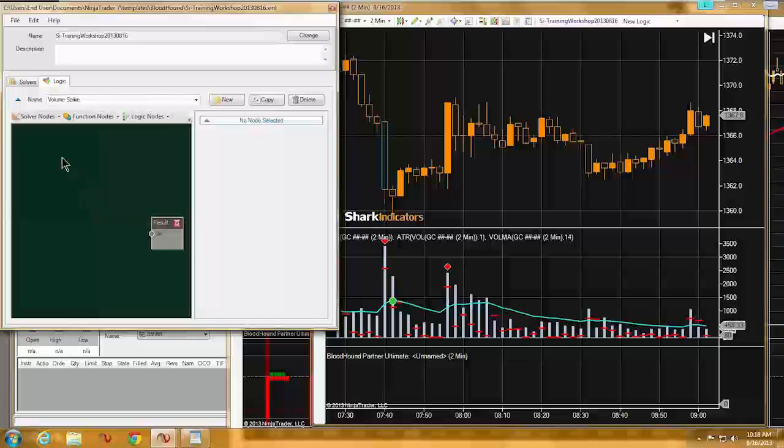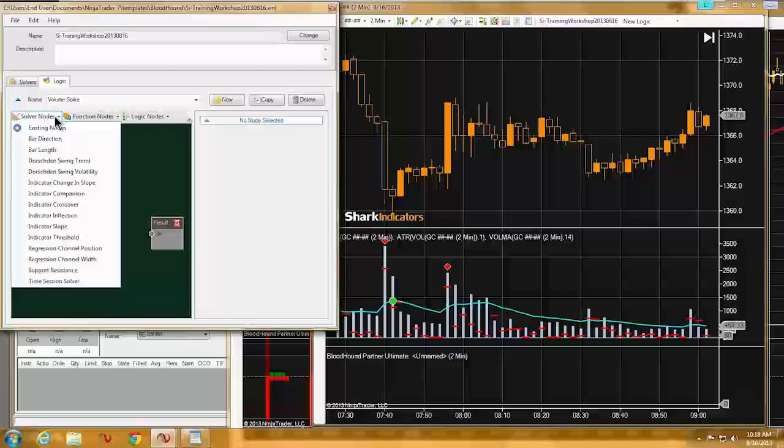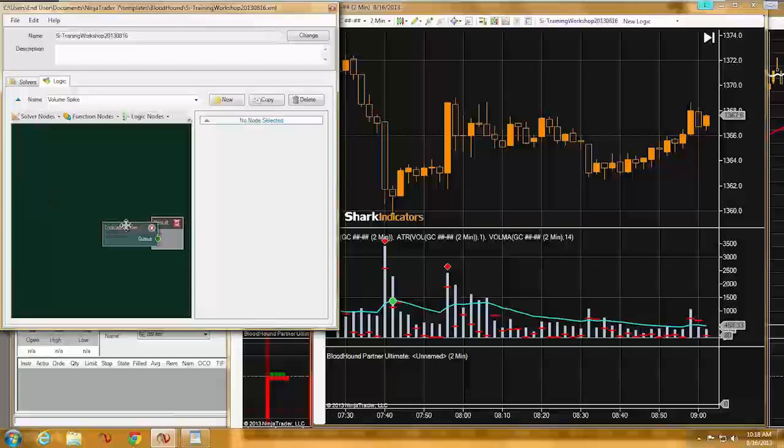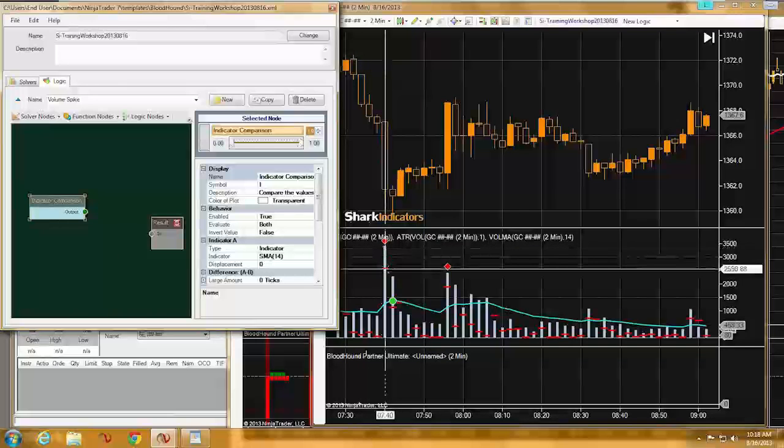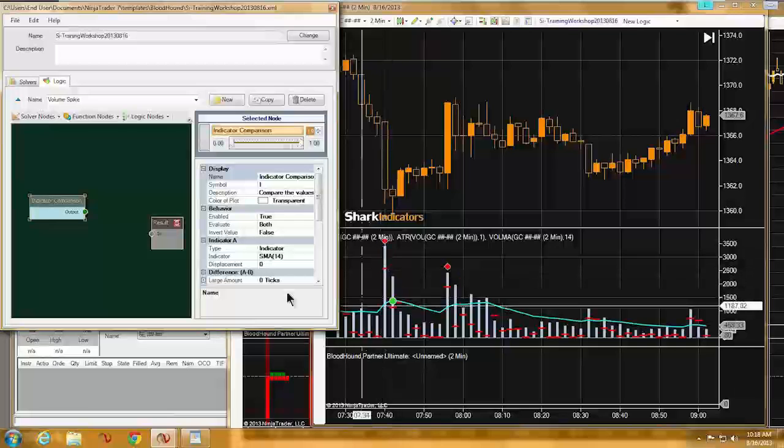We really haven't fine-tuned it to figure out how to get like a twice volume or 150% volume, so it's just a volume spike for now. So I'm going to drop a comparison solver on here, and I'll start with comparing the volume to the ATR and then comparing volume to the moving average.